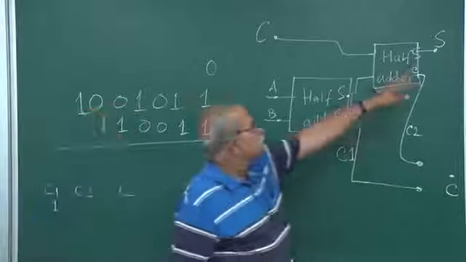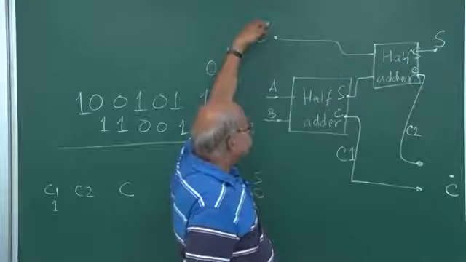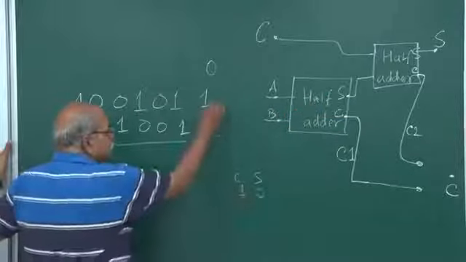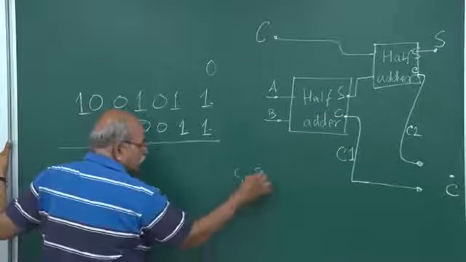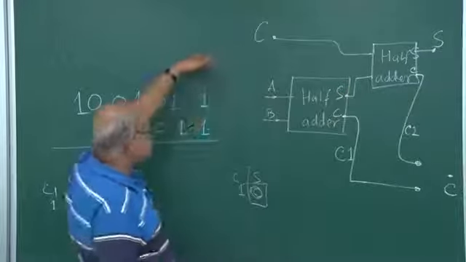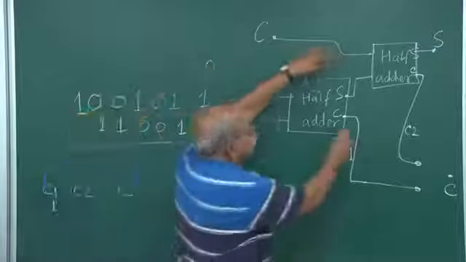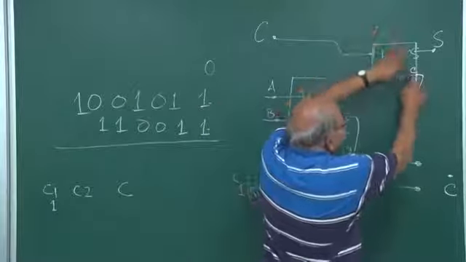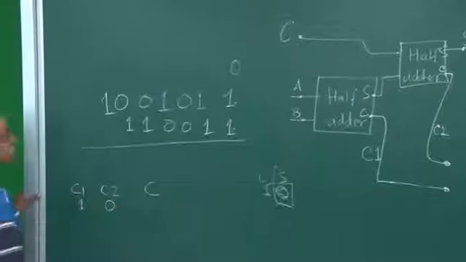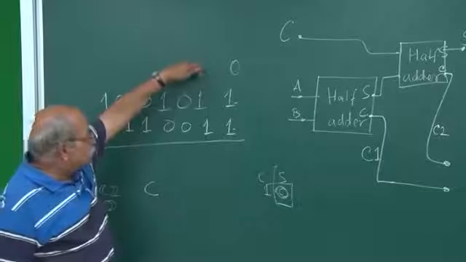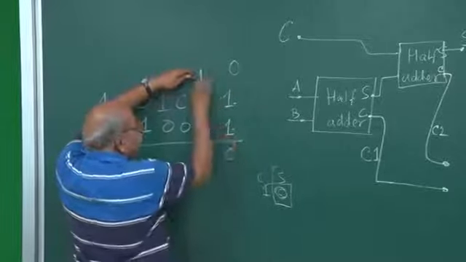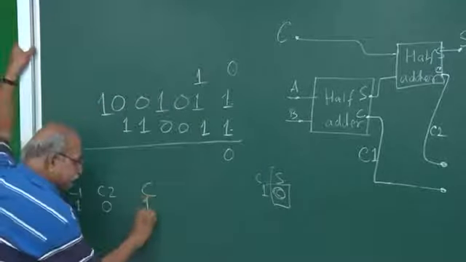When I am adding this carry and this sum, the sum is 0, and this sum 0 is to be half added to this carry, which is 0. So 0 and 0 are going here, and therefore the carry will be 0. So C2 is 0. And this position is C. This will give you 0 here, and this will give you 1 here. So C is 1.